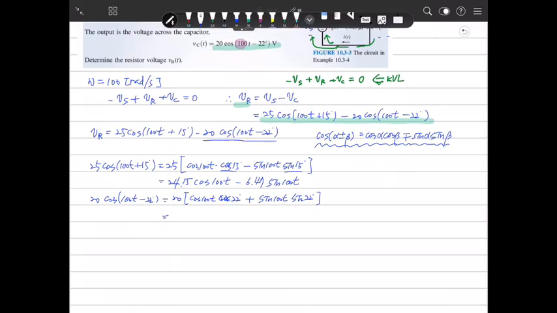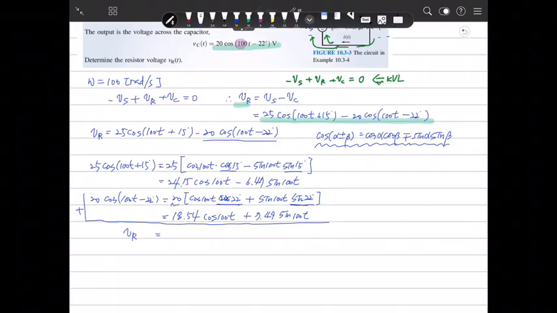And we calculate cosine 22 and sine 22 times 20. So that will be 18.54 cosine 100t plus 7.949 sine 100t. Then we sum over here, and VR will be expressed.